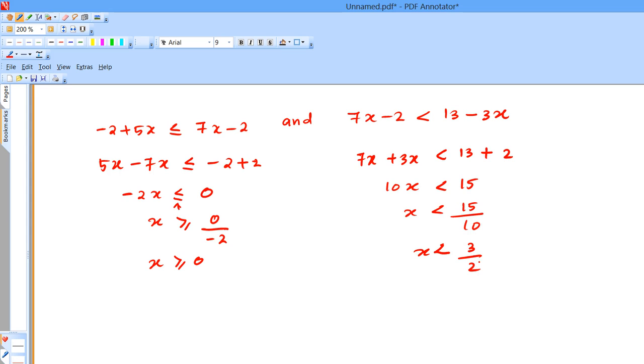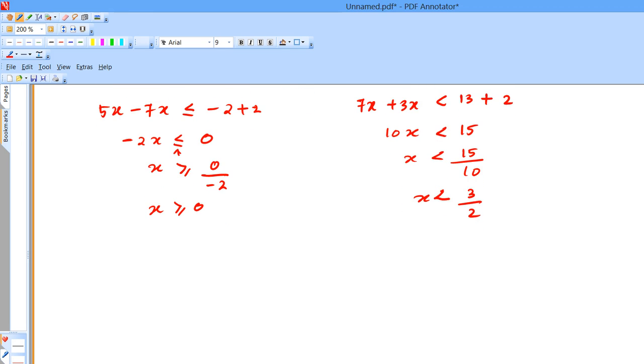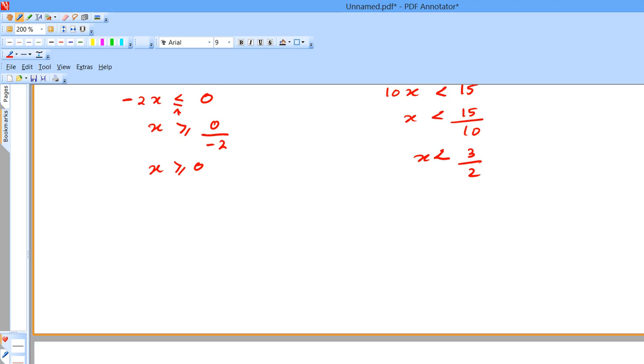Now we can combine the solutions, since we split the working. In inequality form, x is less than 3 over 2 and greater than or equal to 0.